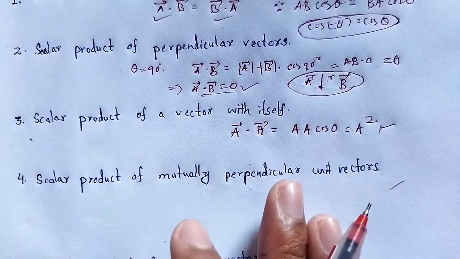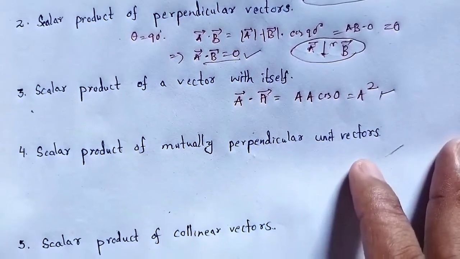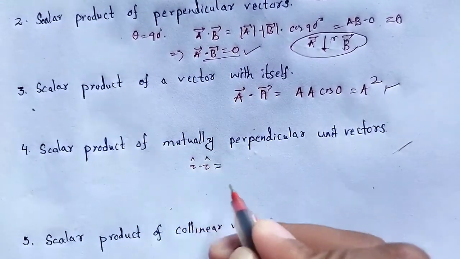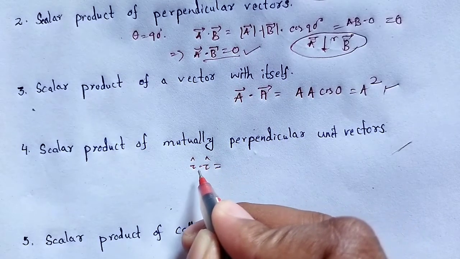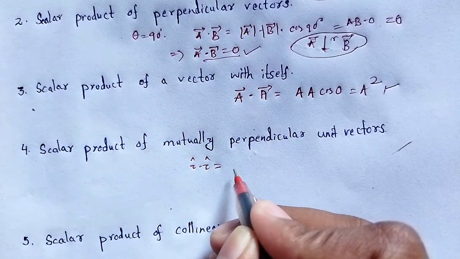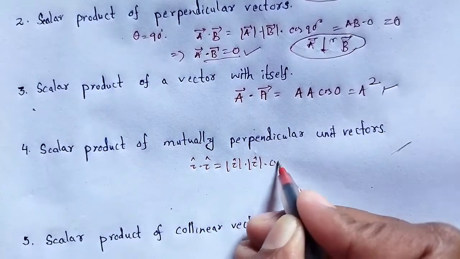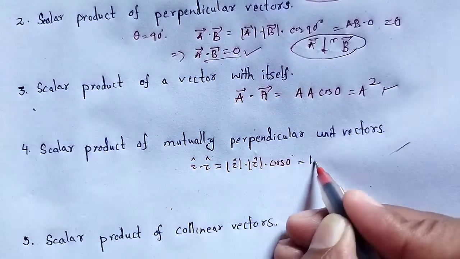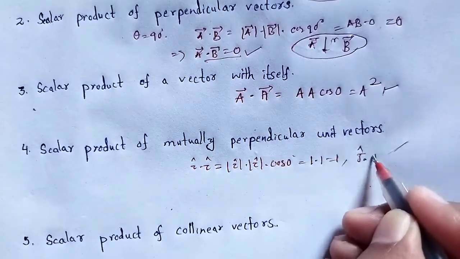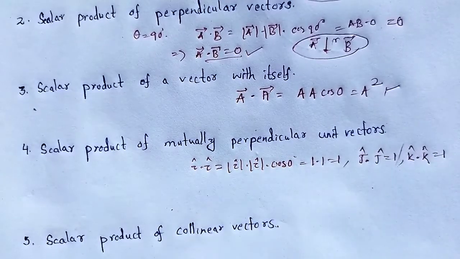Scalar product of mutually perpendicular unit vectors: i cap dot i cap, the angle between these two is 0, and the magnitude of unit vector i cap is 1, cos 0 is equal to 1, that means 1 into 1 into 1 is equal to 1. Similarly, we can write j cap dot j cap is equal to 1, k cap dot k cap is equal to 1.